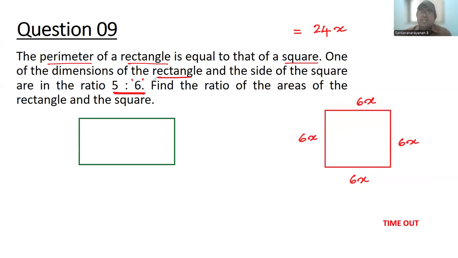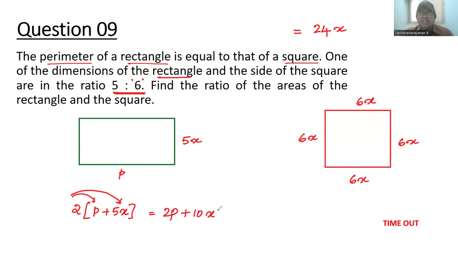So one of the sides of that rectangle, I can consider it equal to 5x. Got it. I don't know the measurement of the other side. Let me say that value is equal to P. So what is the perimeter of this rectangle? Perimeter of the rectangle is 2 into P plus 5x, that is equal to 2P plus 10x. I'm just taking that 2 inside.